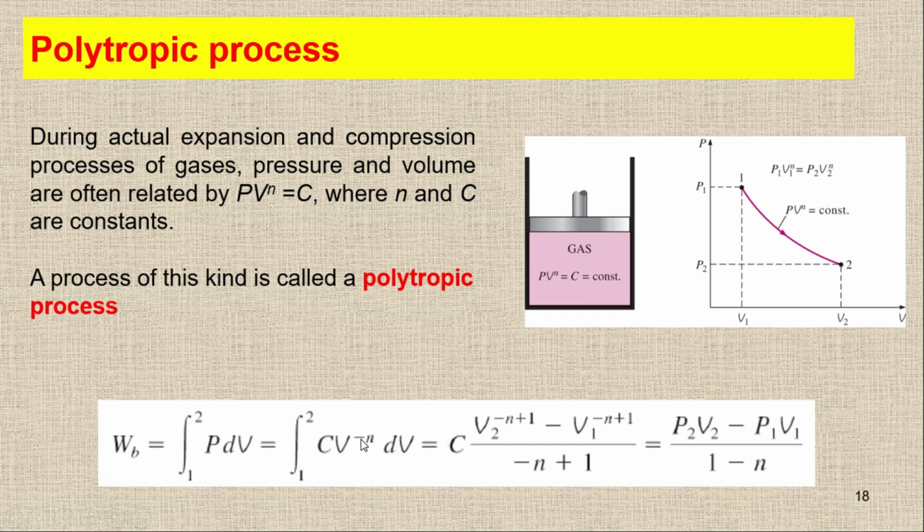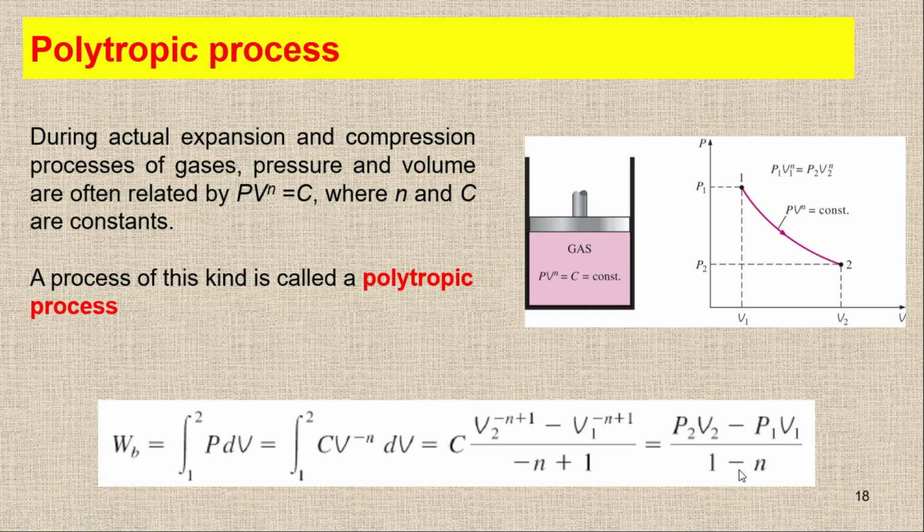So we have V^n dV. Because we have a power of n on V, I cannot write ln V2 upon V1. Rather I have to solve it, and I will get an expression like this one. And then finally I will get P2 V2 minus P1 V1 upon 1 minus n.